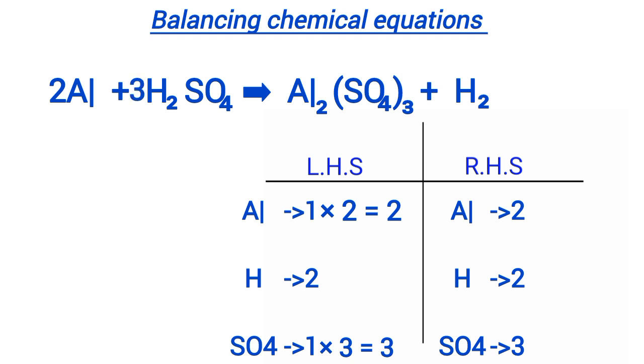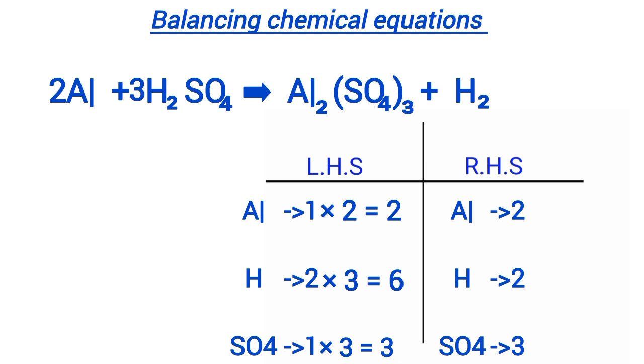Next, we move to hydrogen. On the left hand side of the equation, do we still have 2 hydrogens? No. Placing this 3 here automatically affects this hydrogen. So in this case, we have 2 times 3, which is 6 hydrogen. On the right hand side of the equation, we have 2 hydrogen. So what we want to do is to make sure we also have 6 hydrogen on the right hand side of the equation.